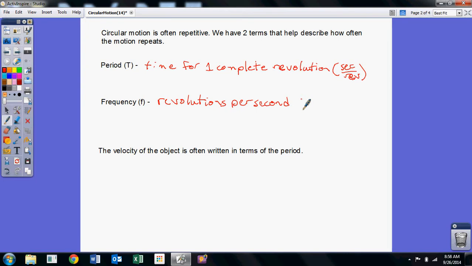That's a frequency. So the units on that would be, excuse me, I just did that backwards. Yeah, it's revolutions per second.